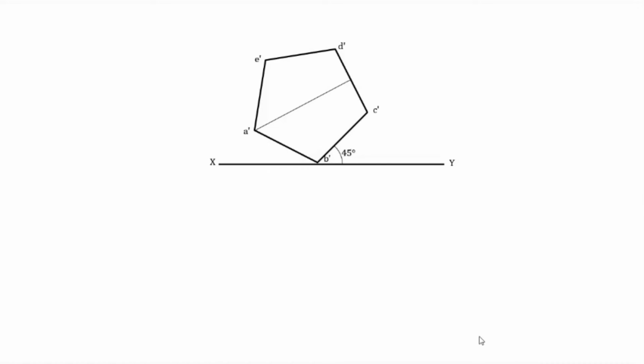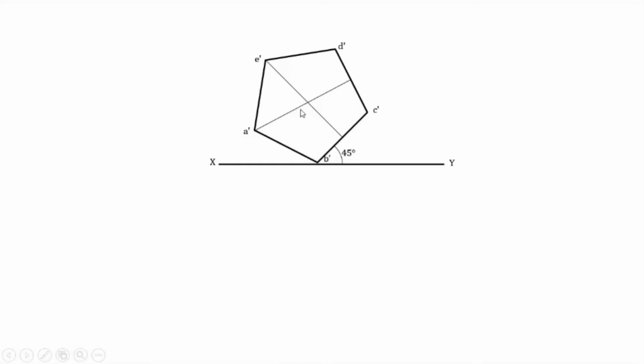Now in order to get the apex, one corner is joined with the midpoint of the opposite edge. So A dash is joined with the midpoint of C dash, D dash. Likewise, E dash is joined with the midpoint of B dash, C dash. Now the point of intersection of these two lines will be the apex.